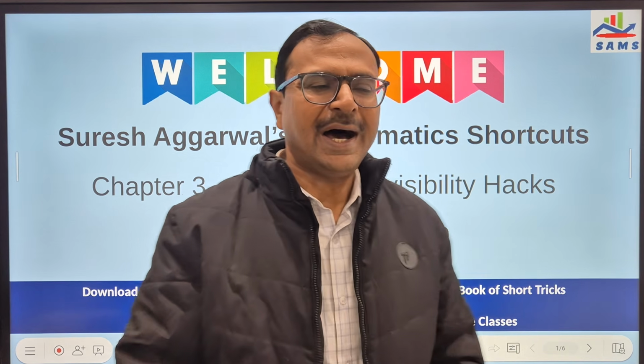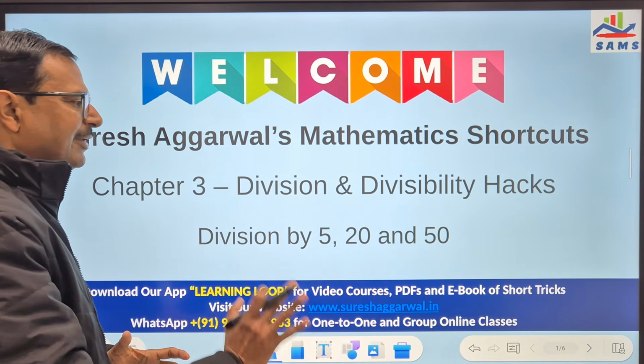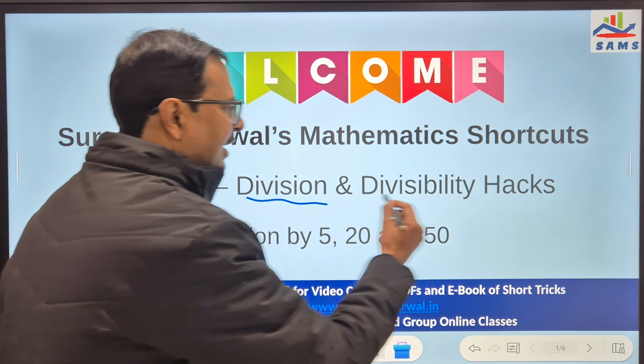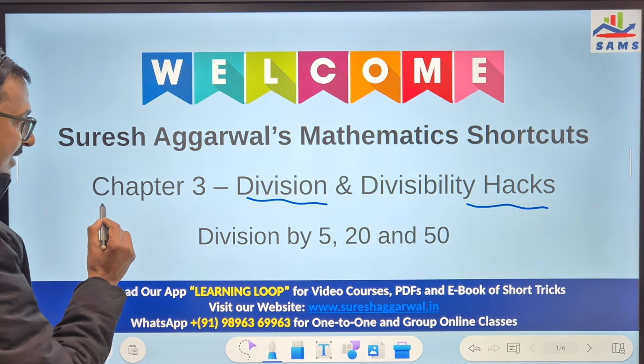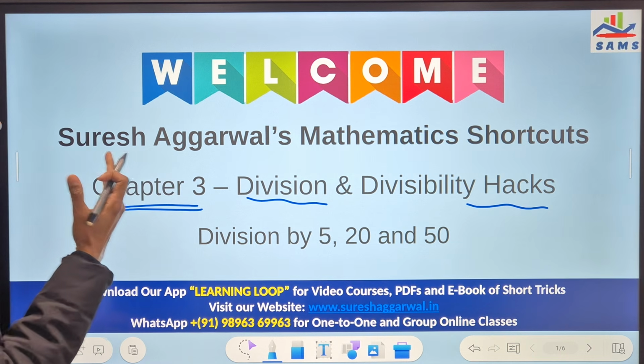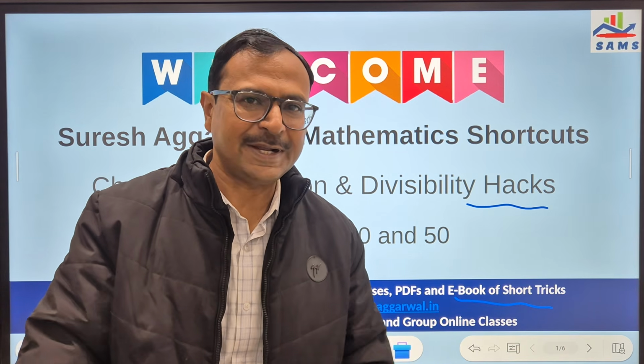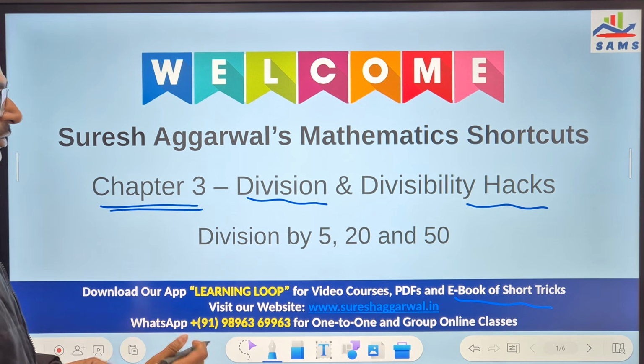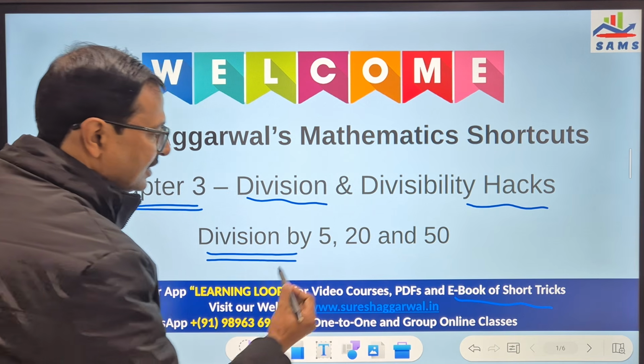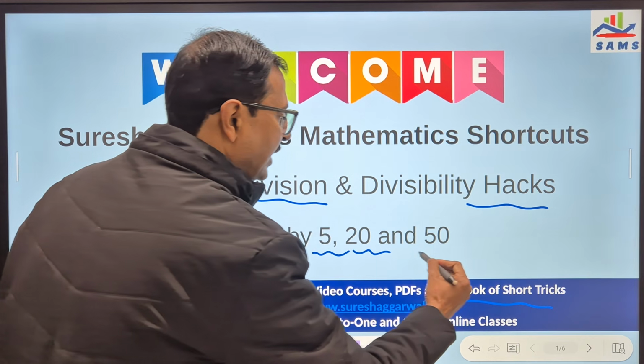In this video, I am going to take up another very important division hack. It's a topic of chapter number 3 of the ebook of short tricks, which we have for the school students, the college students, and for placement exams, the quant exams. And this trick will showcase division by numbers like 5, 20, 50.